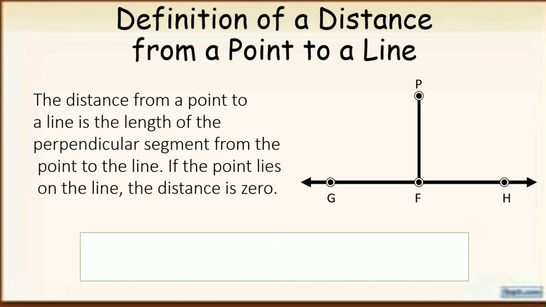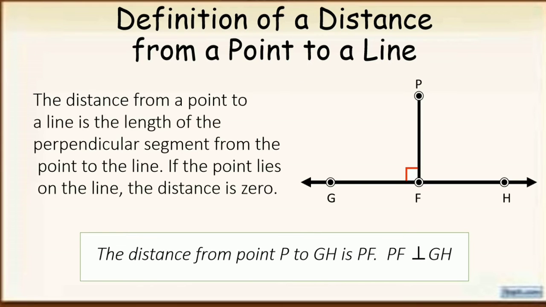Okay? At kung si point P naman po ay nandito sa line GH, ibig sabihin yung distance po is equal to 0. So the distance from point P to line GH is segment PF. So segment PF is perpendicular to line GH.